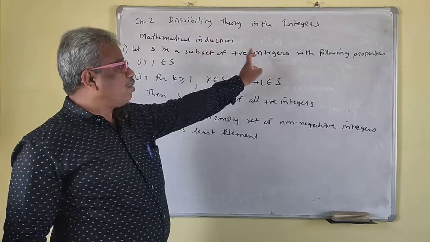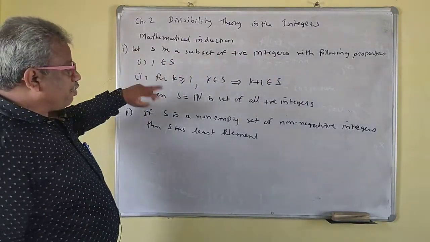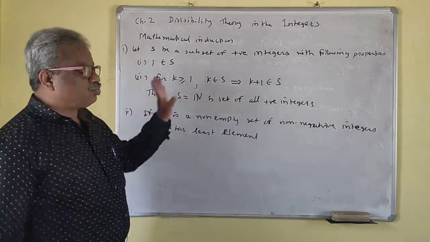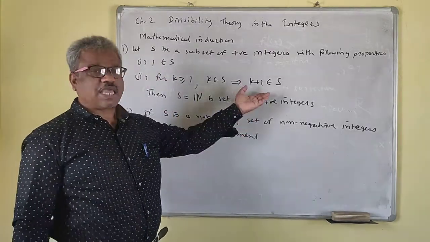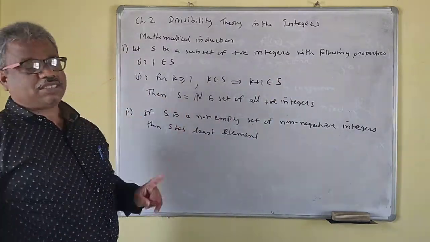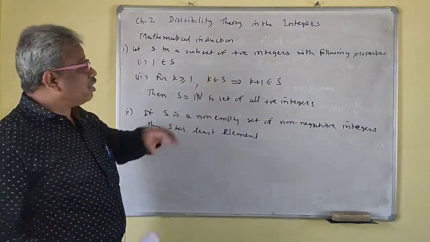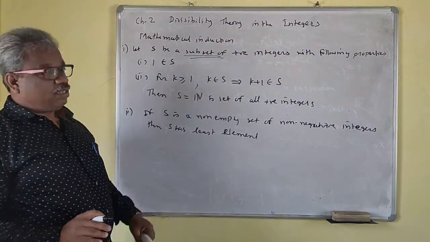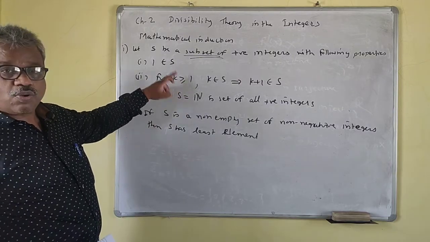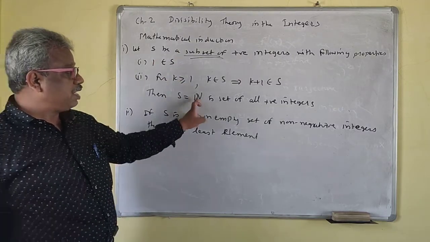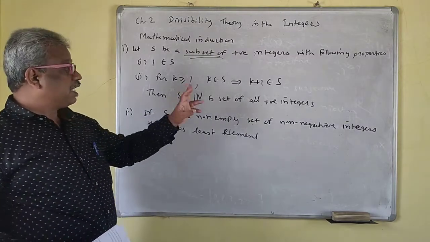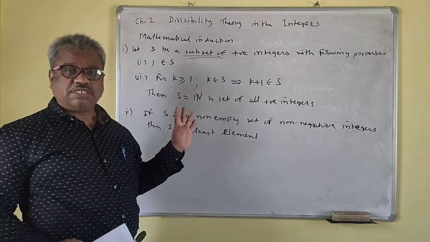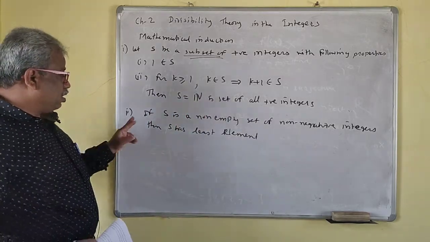If S satisfies the following properties, 1 belongs to S, that means 1 is a member of S, and if k belongs to S, then the next element, k plus 1, also belongs to S, then S will be the set of the positive integers. That means Z plus, the set of the natural numbers.